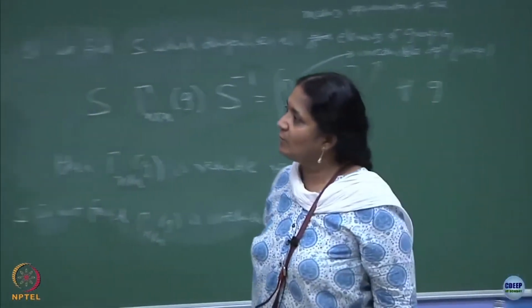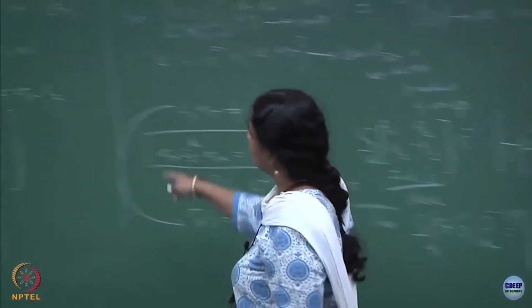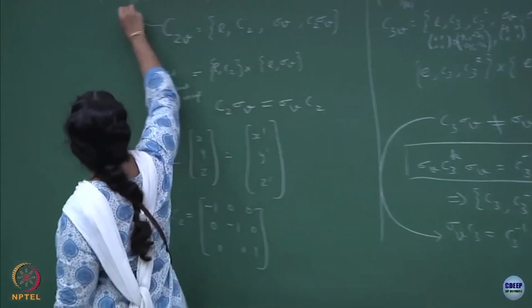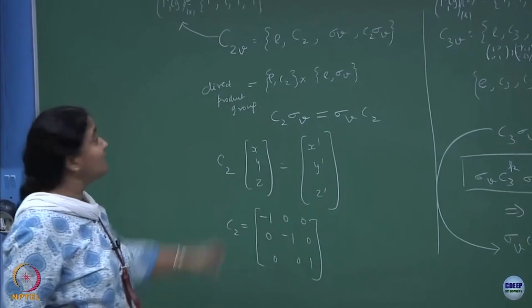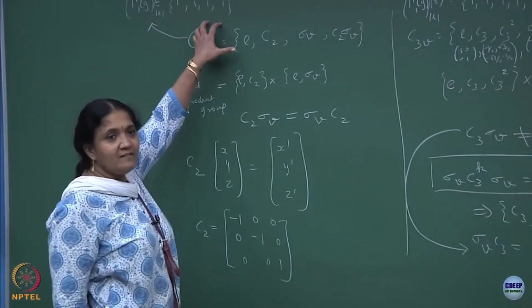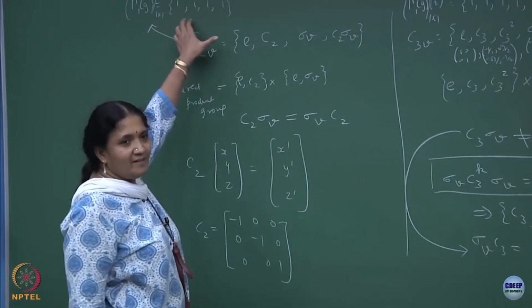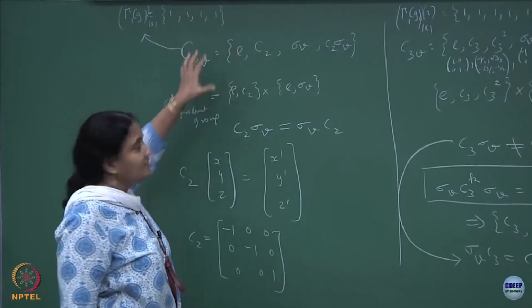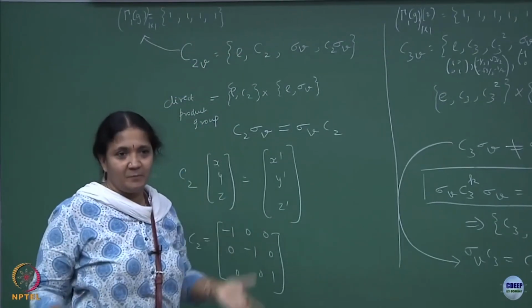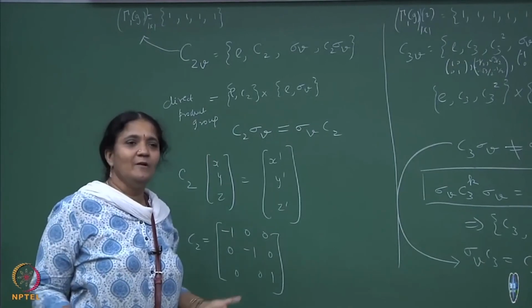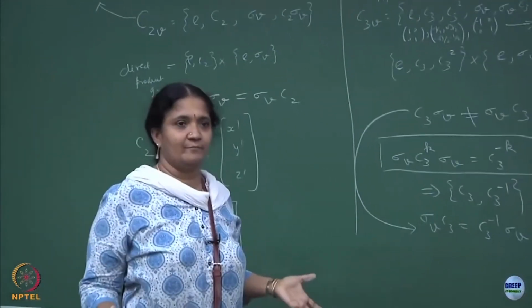For C2V there are only 4 elements, right. This is for C2V. This is a matrix, 1 cross 1 matrix. 1 cross 1 matrix is just the number 1. It is like a trivial representation which is going to be there for every group. Okay.